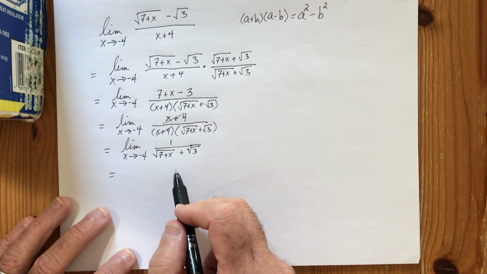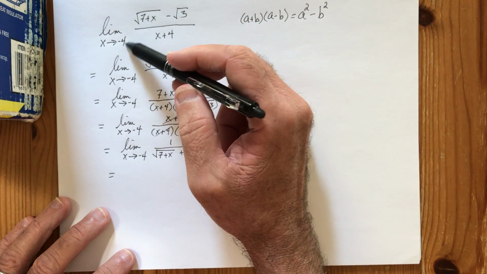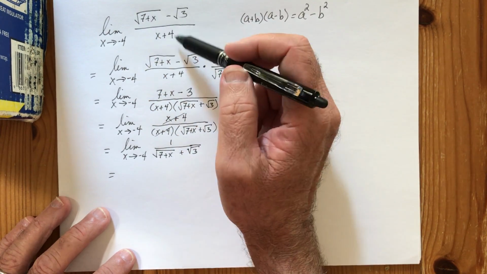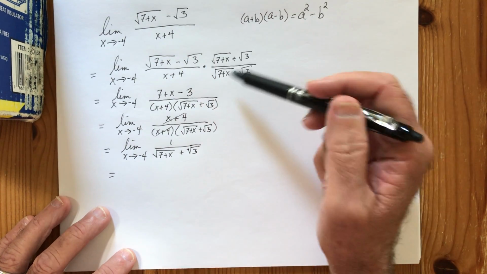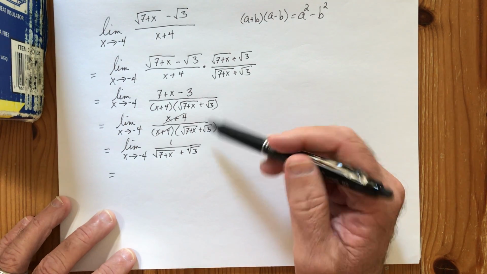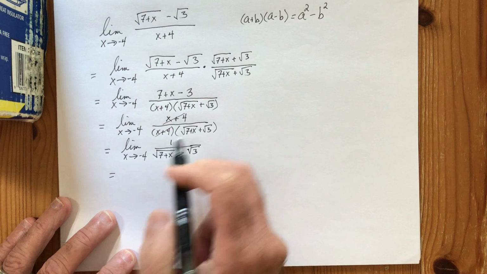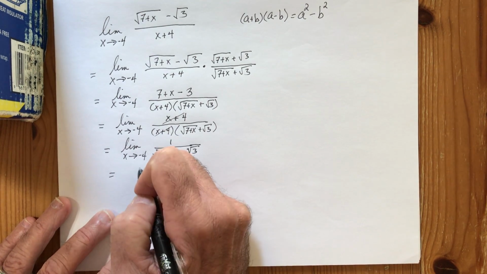And the way we can evaluate this is, the original limit was, if we replaced all the x's with -4, we end up with an indeterminate result. We end up with 0 over 0, which is why we have to modify the form of this limit, not its value. So at this point, what we're going to do is evaluate the limit by substituting -4 in for x.